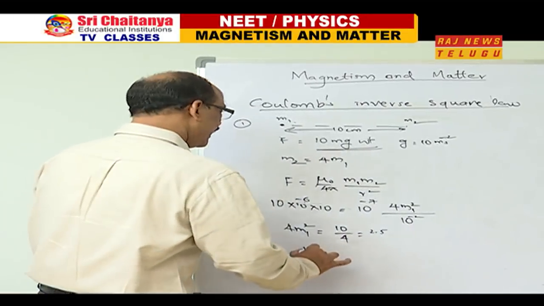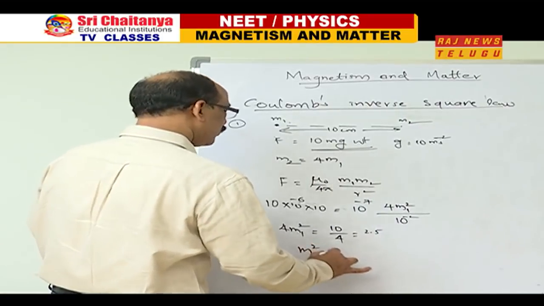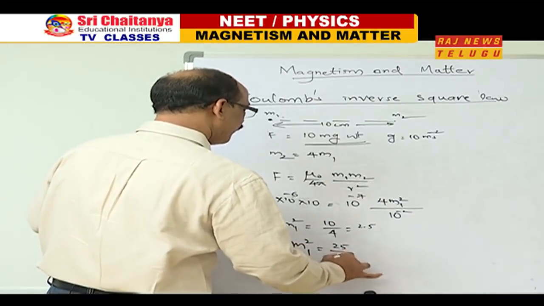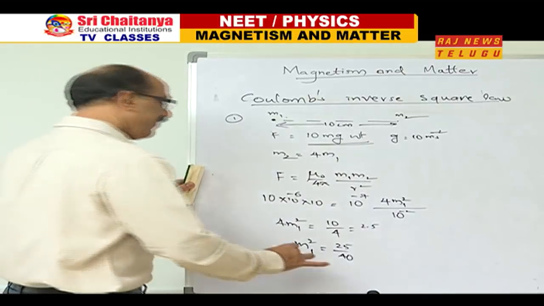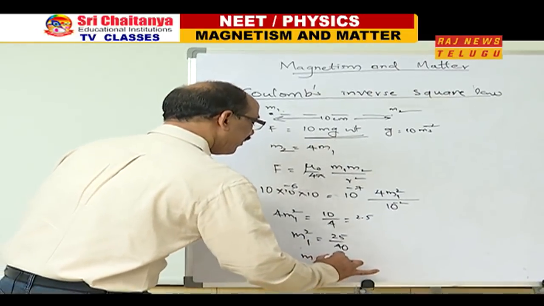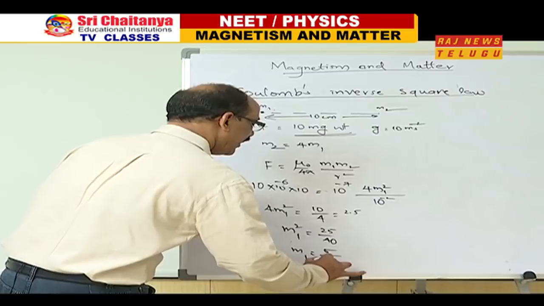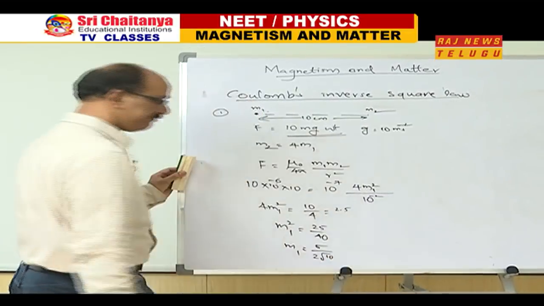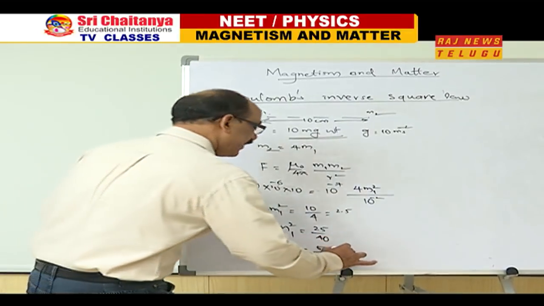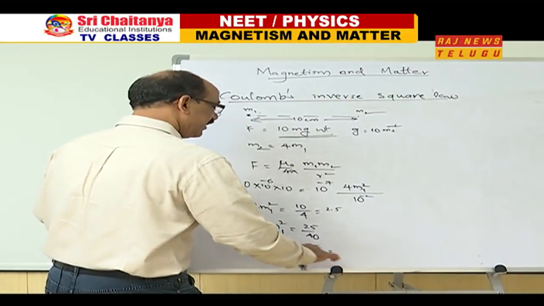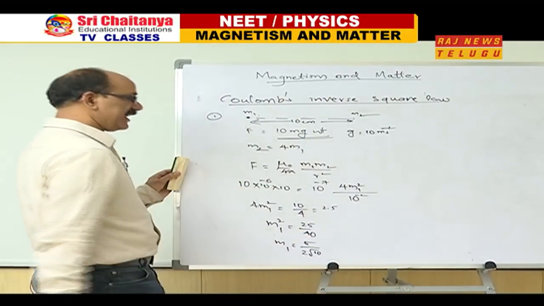So we get m1 square to be equal to 25 by 40. Hence m1 can be written as 5 by 2 root 10. This on simplification we could get, but we shall put it as it is.